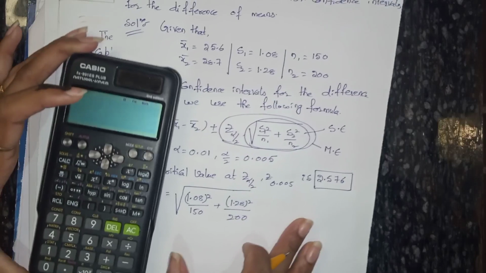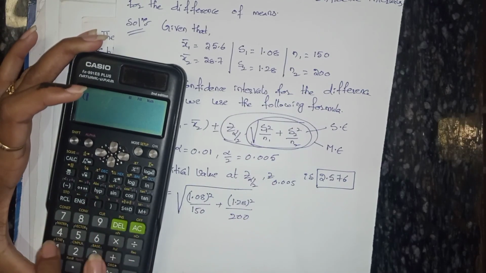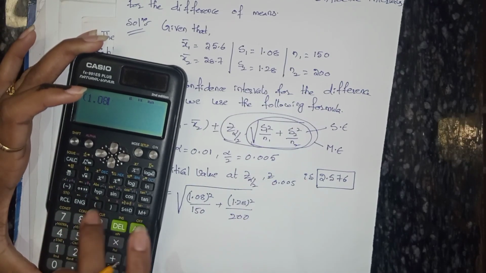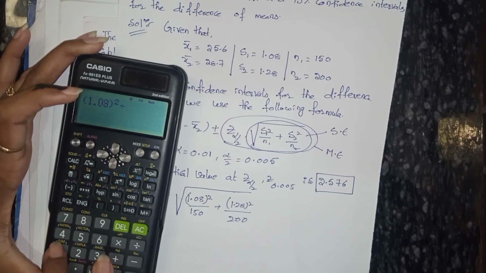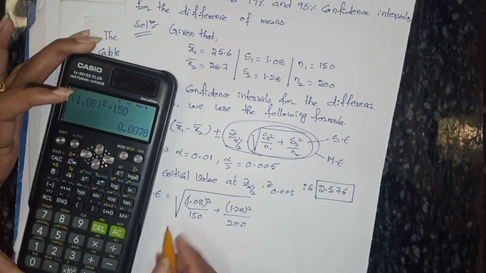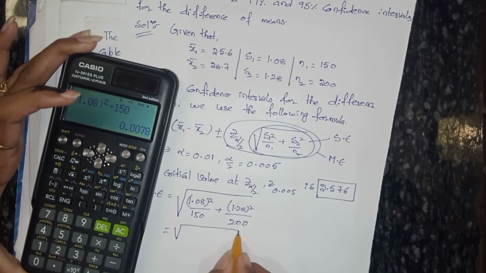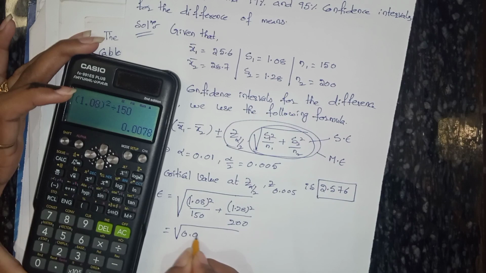Okay, we will calculate this now. 1.08 whole square divided by 150 gives 0.0078.